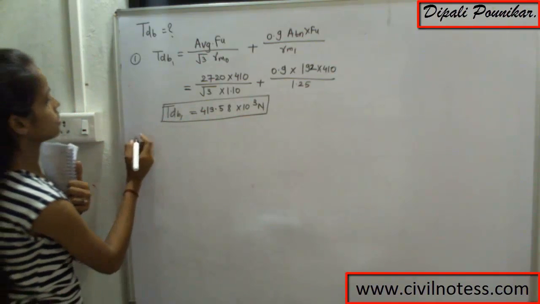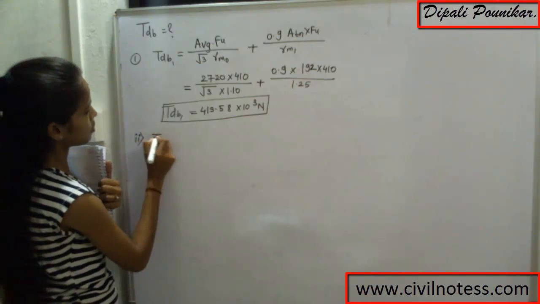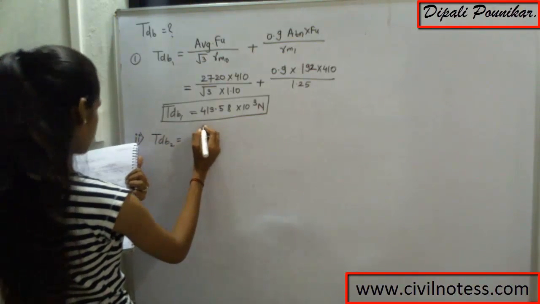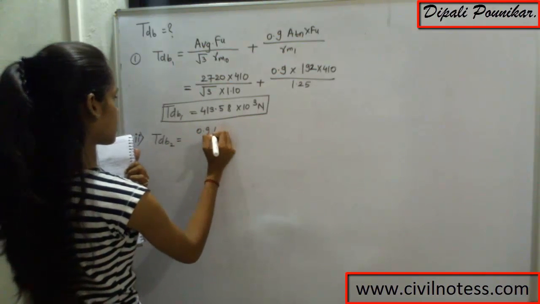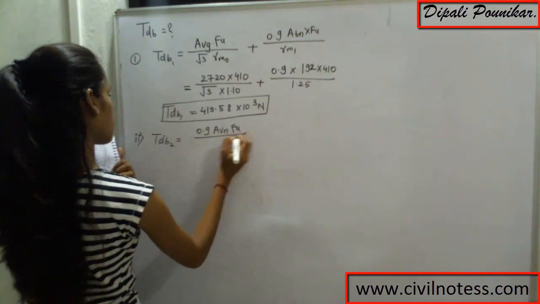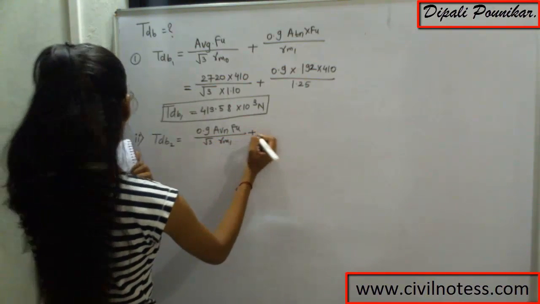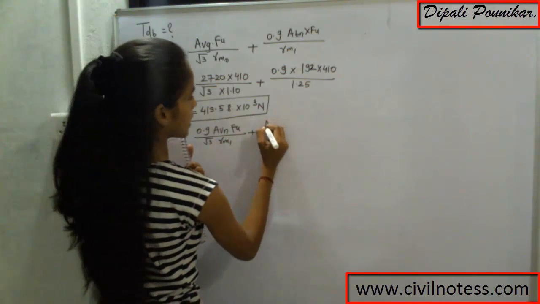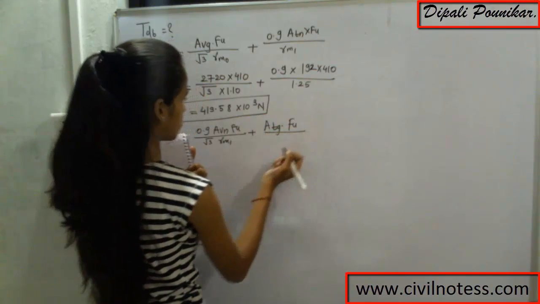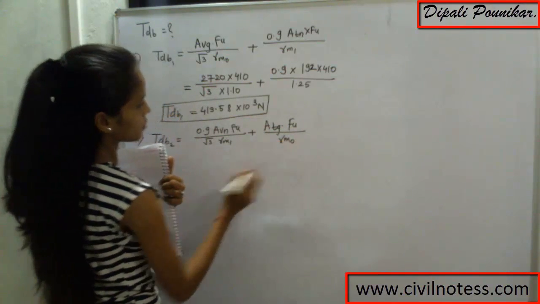After that, the second formula for TDB2, that is 0.9 AVN FU upon under root 3 gamma m1 plus ATG FU upon gamma m0.